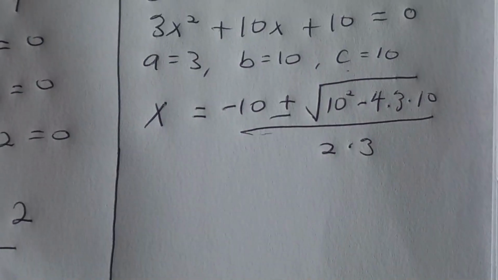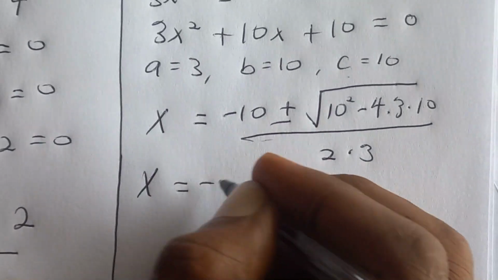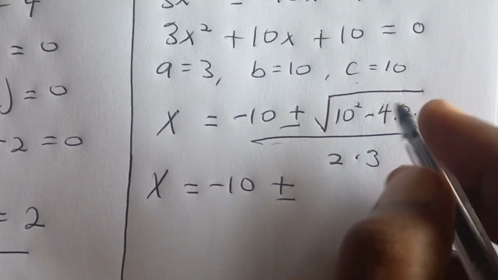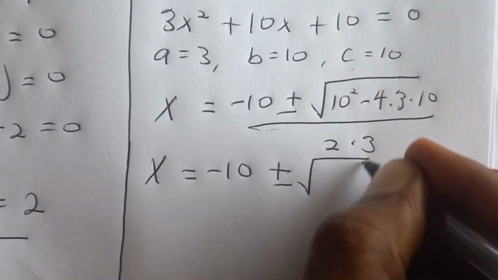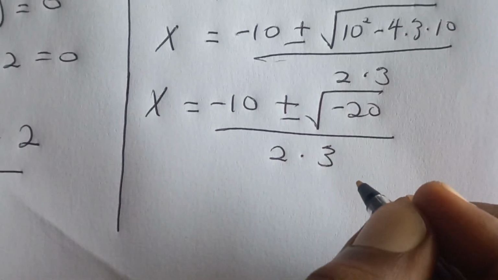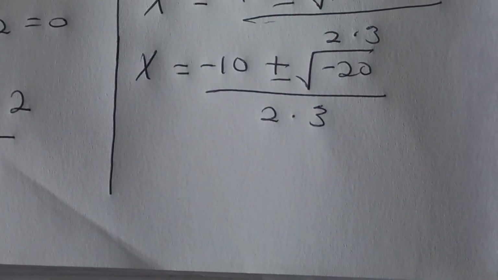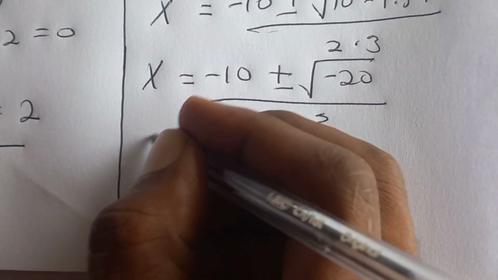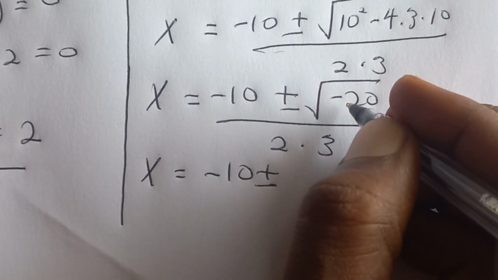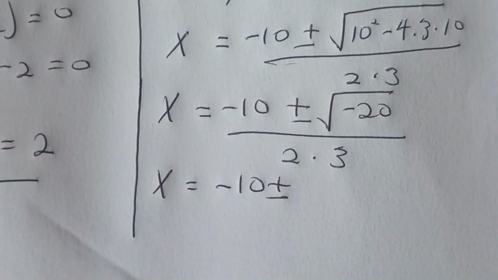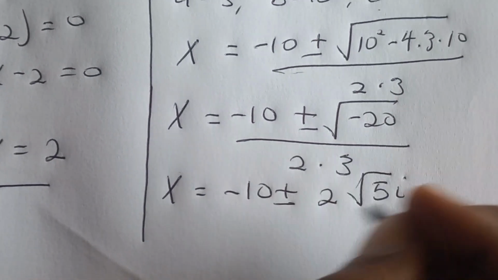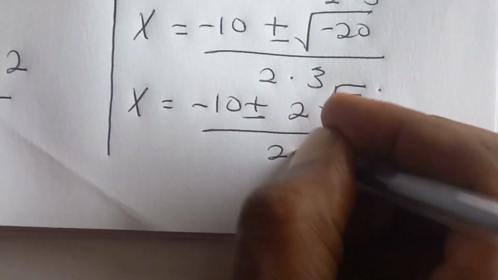Okay, so now we get x is equal to negative 10 plus or minus. Now, when you simplify everything here, we are going to get root of negative 20 all over 2 multiplied by 3. Okay. And with this, we get x is equal to negative 10 plus or minus root 20. We know that is going to be 2 root 5 i, all over 2 times 3.